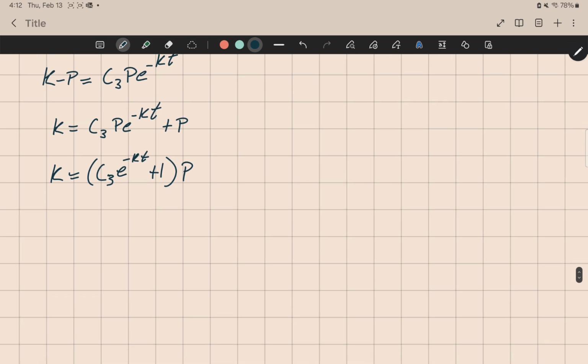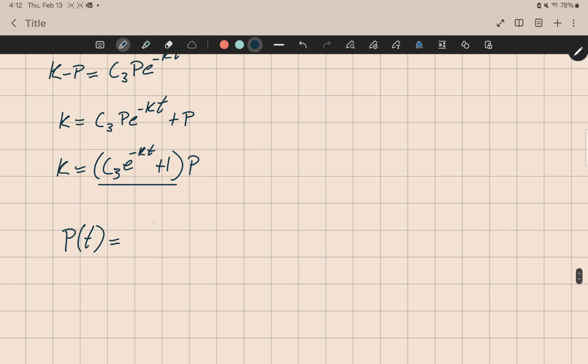And now I'm going to divide all this over to the other side. So I'm going to move some stuff around, and we end up with p of t is equal to k over 1 plus C3 e to the negative kt.